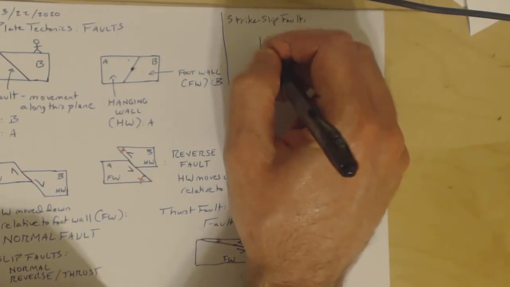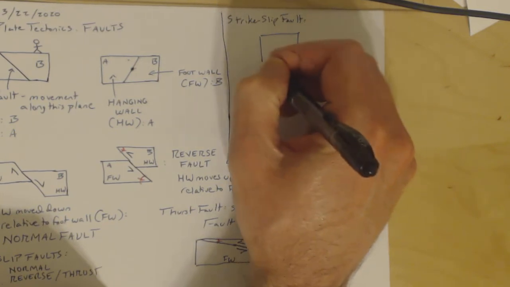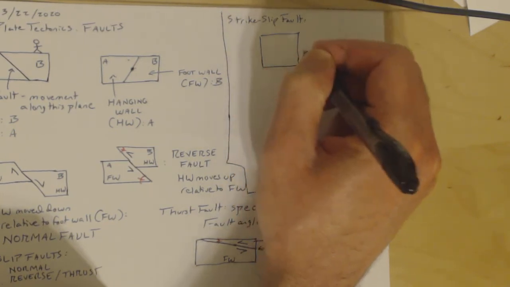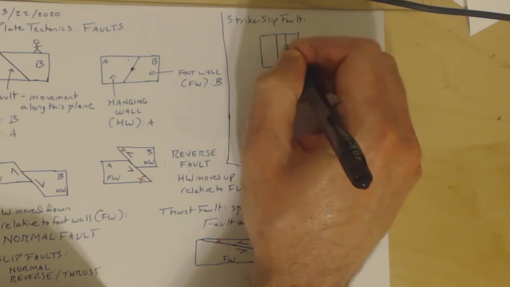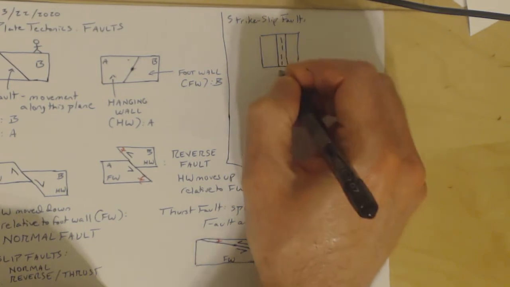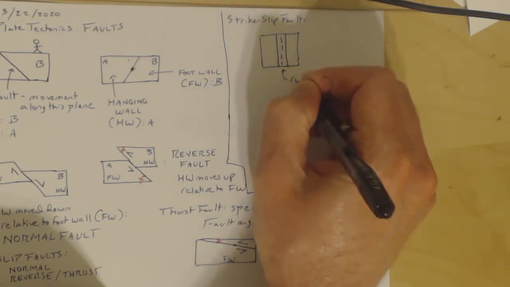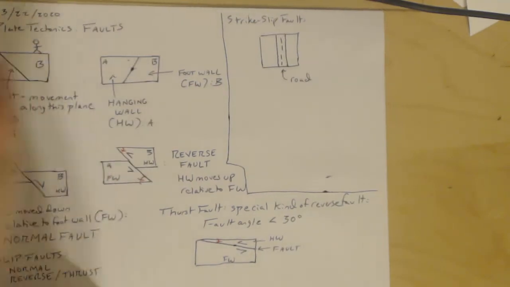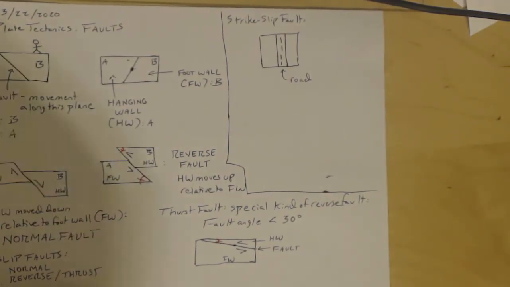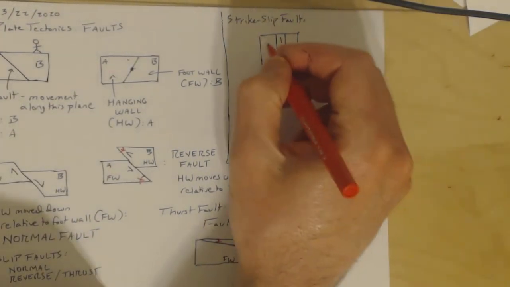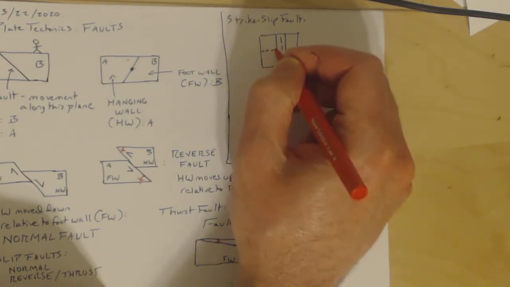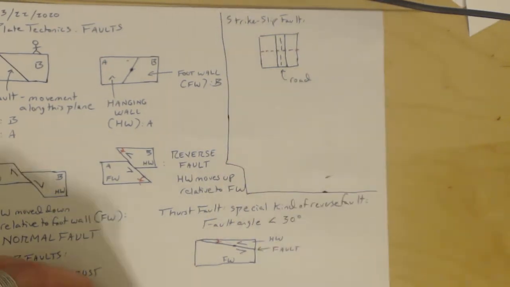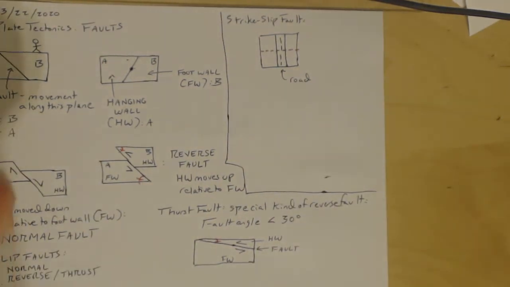So let's say this is your block. And let's say there's a road here. And now we're looking at this from above, like you're a bird or a helicopter or a drone looking from above.